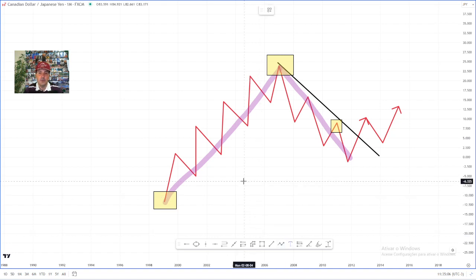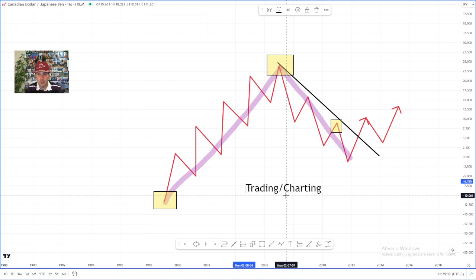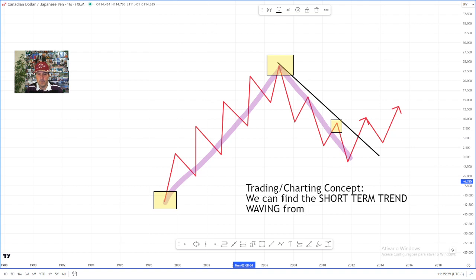Here is another trading and charting concept: we can find the short-term trend waving from the smaller time frame.